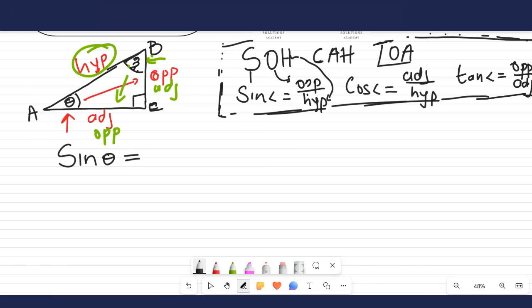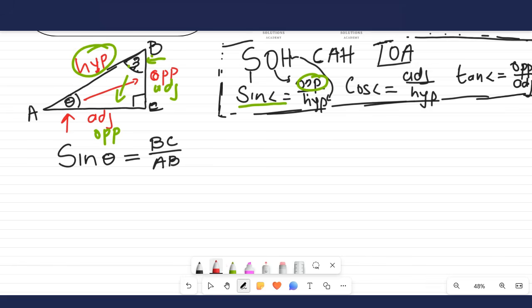Remember, the sine of an angle is equal to the opposite over the hypotenuse. When you look at this triangle, the opposite side is equal to BC, and the hypotenuse is equal to AB.